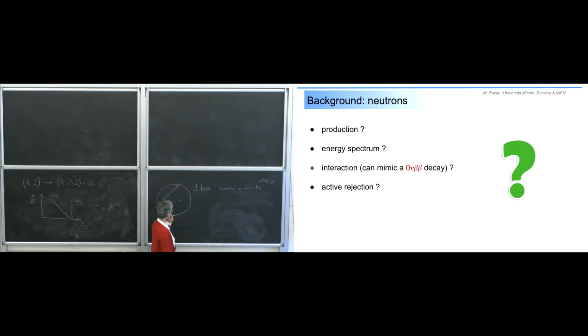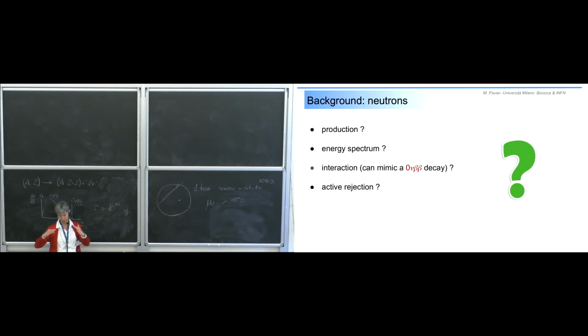Okay, so what we have discussed is the first source of background that are muons. And what I've told you is that we can build a veto surrounding. I go on the ground because I want to remove all the background induced by cosmic rays. I go underground.